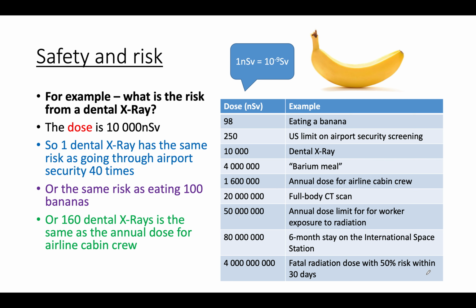And you might say, well, airline cabin crew receive that dose regularly and they seem to be okay. So you might decide that having a dental X-ray is pretty safe. The risk is low enough to be outweighed by the benefit of checking that you haven't got a cavity in your tooth. So there we go. That's the idea of using sieverts as a radiation dose to judge the risk from an exposure to ionising radiation.